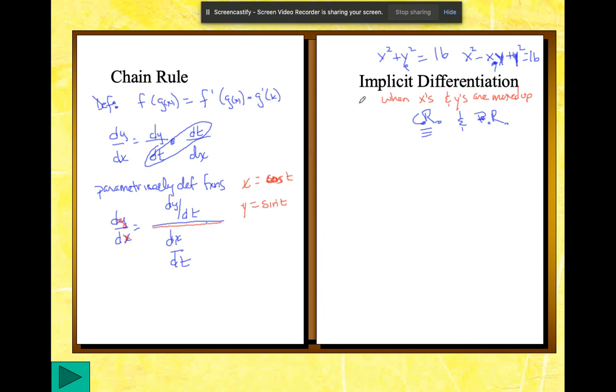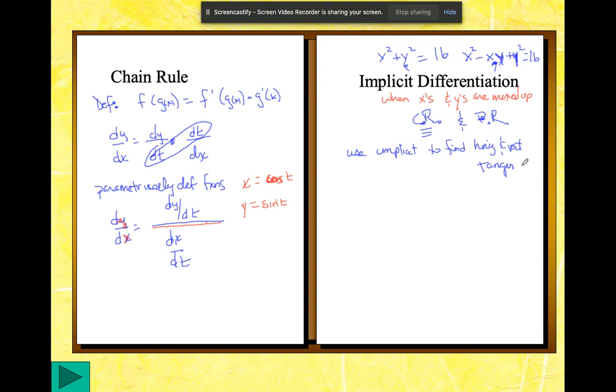Don't forget that for implicit differentiation, one of the applications there is to use implicit to find horizontal and vertical tangents.